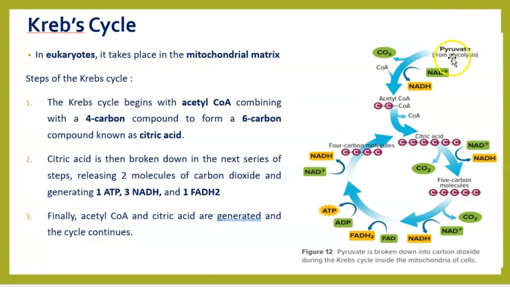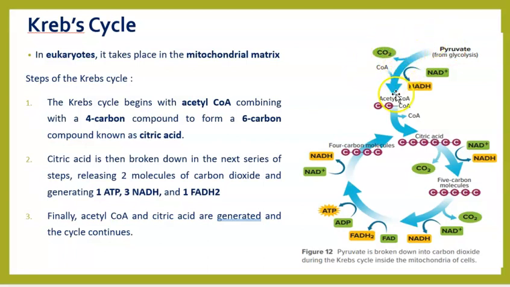Now, this pyruvate from glycolysis will go and make something called acetyl coenzyme. There's a long process involved here. We are not going into the details. Pyruvate is a 3 carbon molecule, remember? So out of this 3, 1 carbon goes out as carbon dioxide.